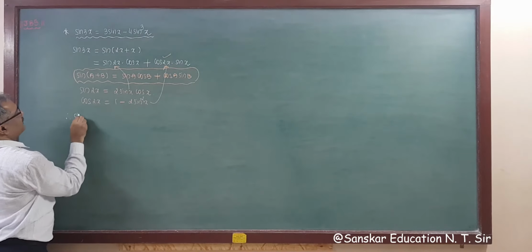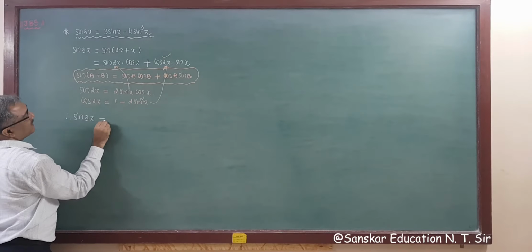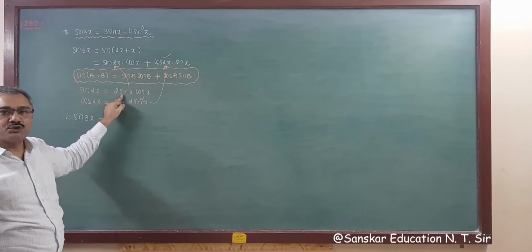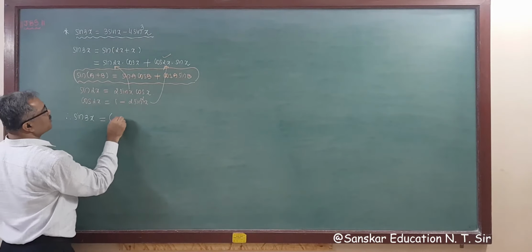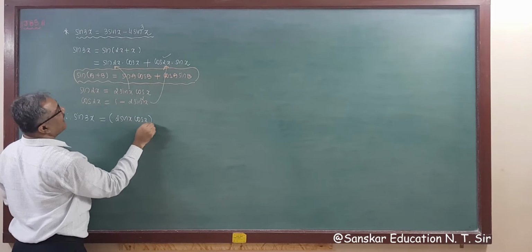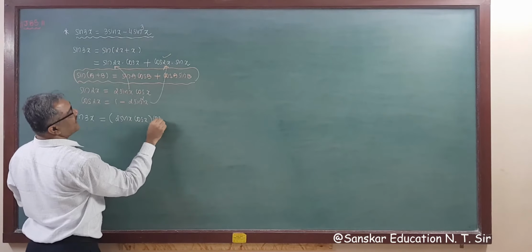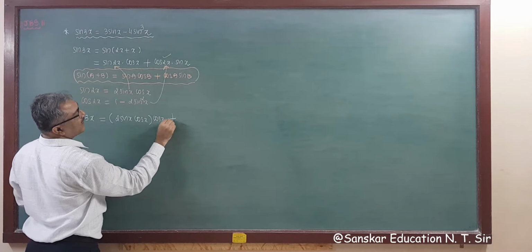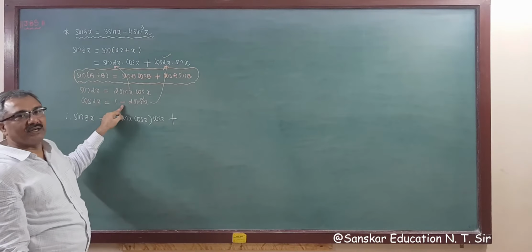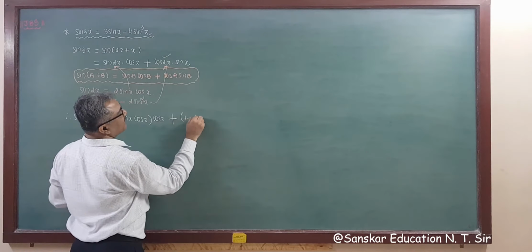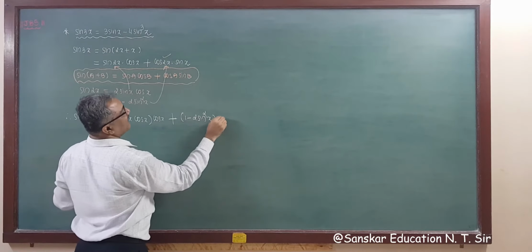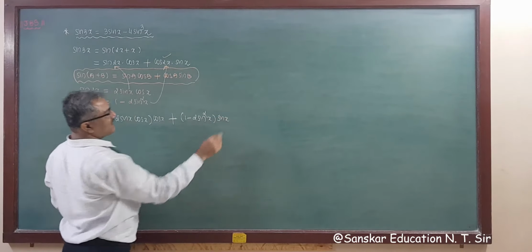Therefore sine 3x is equal to, instead of sine twice x, we write 2 sine x cos x. So this is 2 sine x cos x into cos x as it is, plus instead of cos 2x, we apply this formula, that is 1 minus 2 sine square x, and sine x as it is.